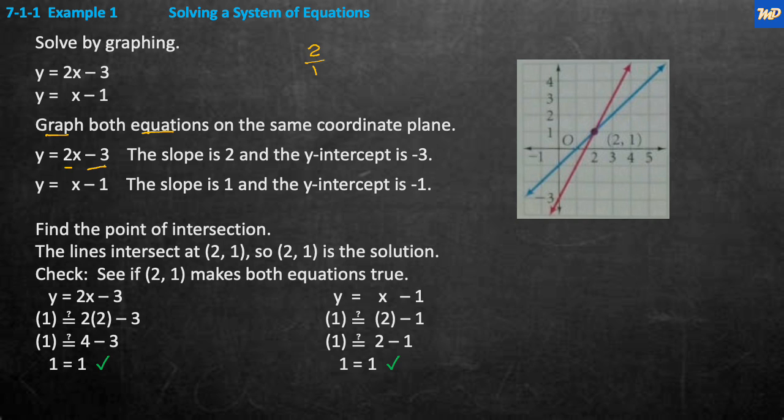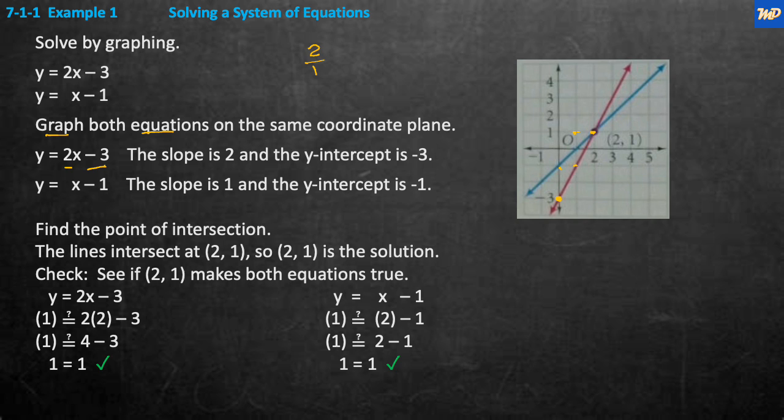So we go to minus 3, here in the bottom on the left. To plot it, we go up 2, the rise is 2, and we run 1 to the right. Up 2, run 1, and you see right here we got a dot. A little blue line crosses right there.